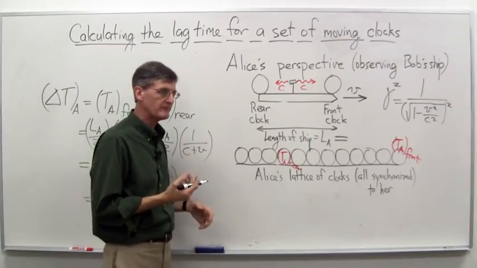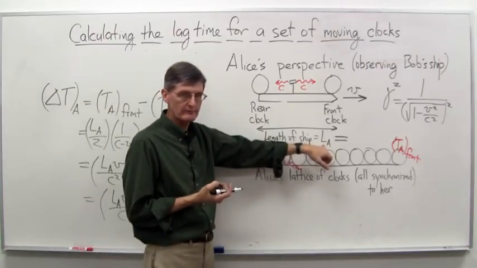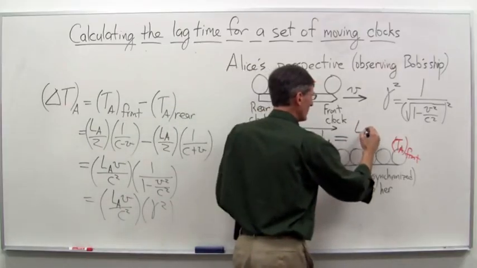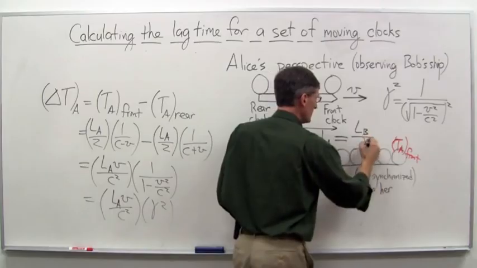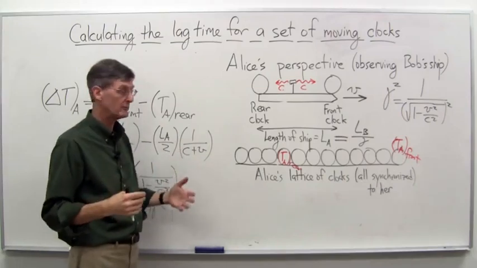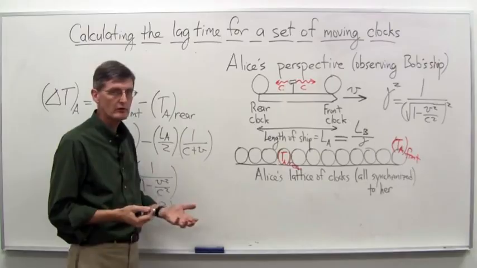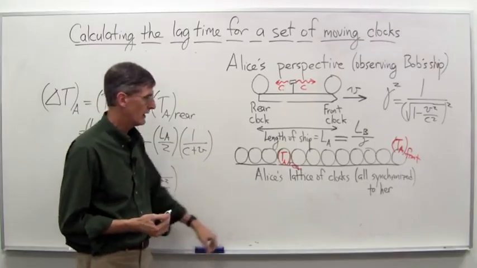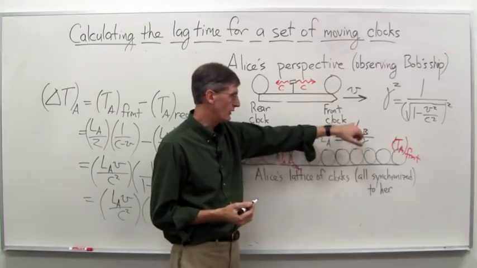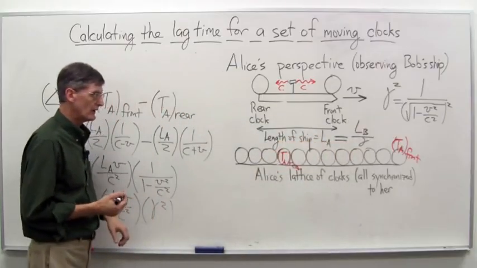I said it the other way around here. So L_A is actually going to be a smaller number than L_B. In other words, L_B over gamma. This is why it's just useful to think, okay, length contraction. What does that mean? It means Alice sees the length of Bob's ship to be smaller than Bob sees it to be. And we know gamma is always bigger than 1, and therefore L_B divided by gamma will give me a smaller number for L_A.